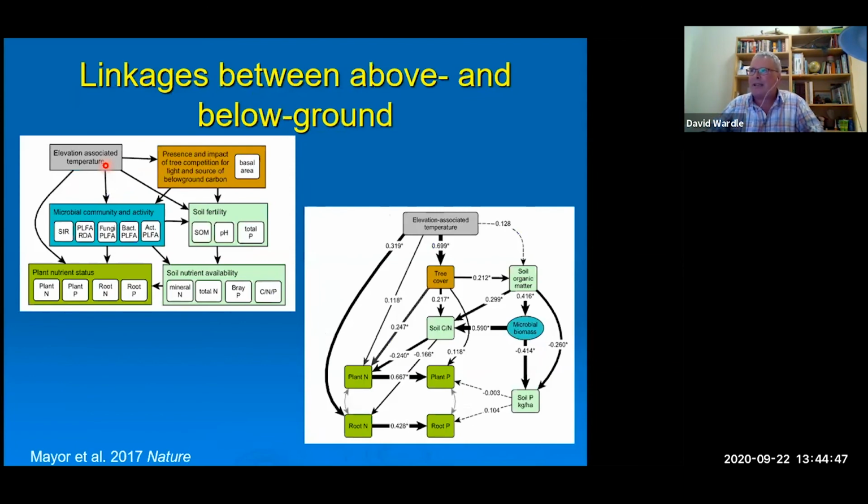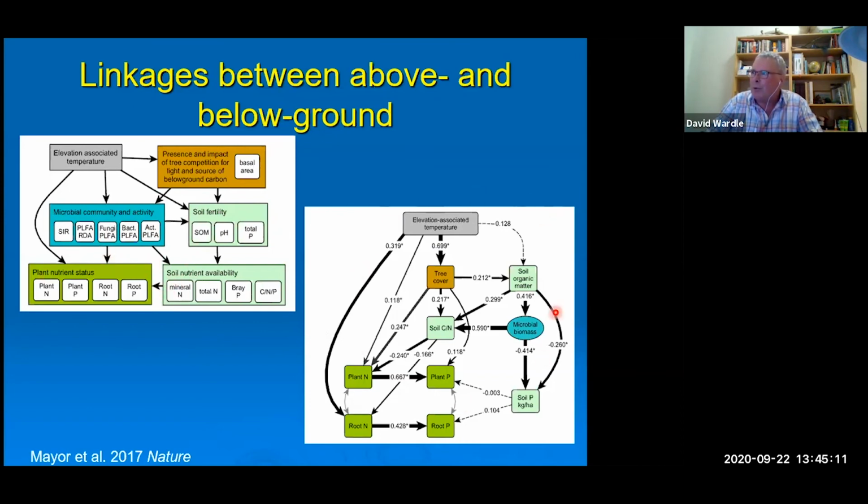And to do this, we carried out a structural equation model exercise. Now, this is simply a type of path analysis, which works out the most important possible causal pathways. So the model we tested was elevation, tree presence and absence, soil fertility, microbes, soil nutrients, and plant nutrients.